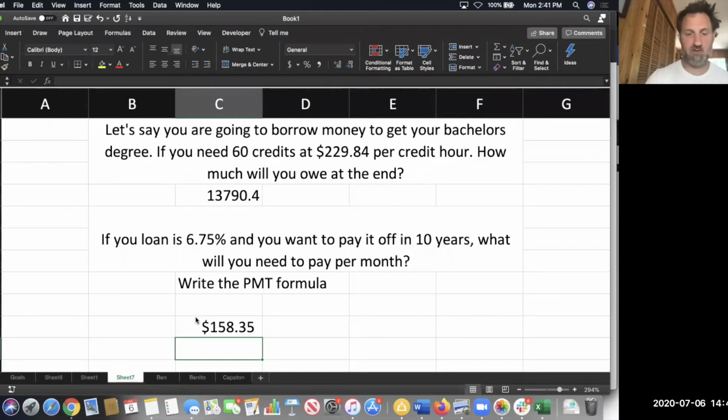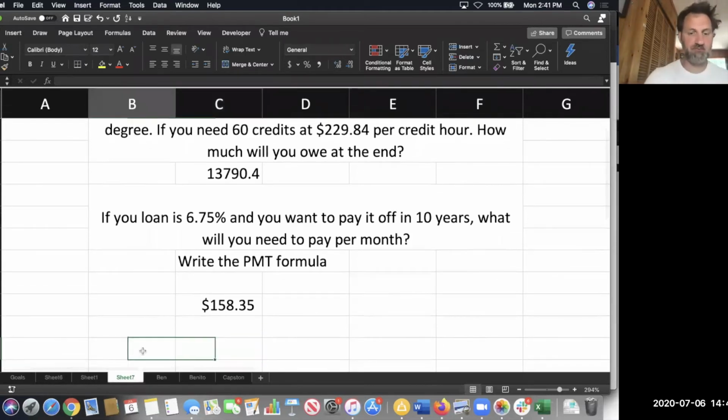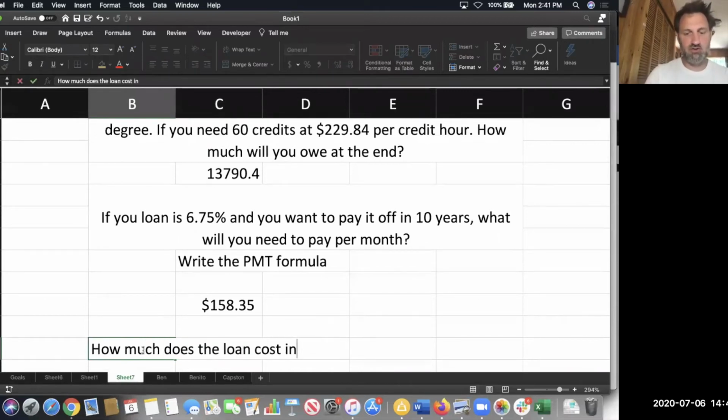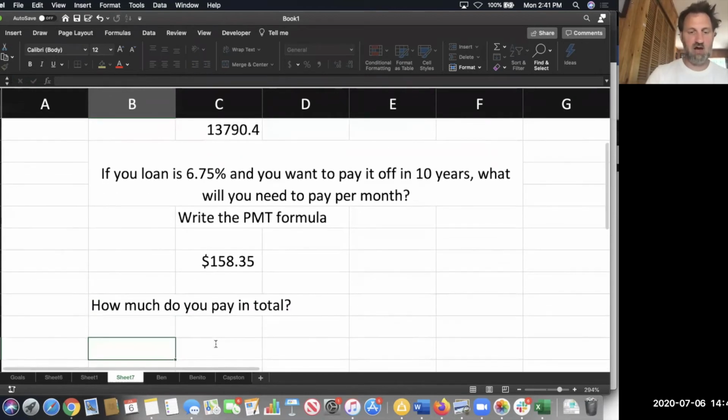Now here's the typical extension question to that. How much does the loan cost in total? And just not to confuse it with my question about loan costs, how much do you pay in total? And then how much of that is interest?